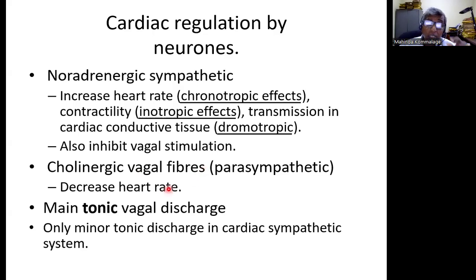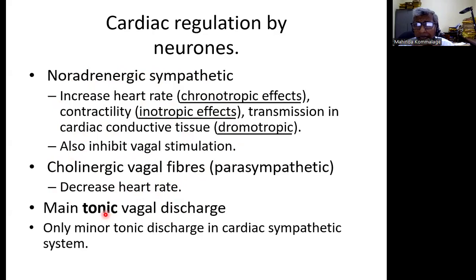So when cholinergic vagal fiber acts on the heart, the heart rate decreases. All this sympathetic supply will increase heart rate and cardiac output, while this cholinergic fiber will decrease the heart rate. So it mainly affects the heart rate, not the inotropic and dromotropic effects. But this vagal discharge, that means parasympathetic discharge, is a tonic discharge.